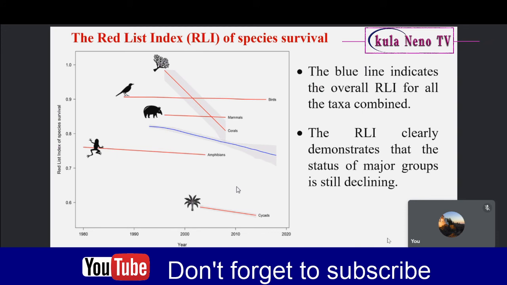Now the big question is: is it the only tool that we use to assess the conservation status of species? We've been focusing on it. Of course, it's one of the best and renowned tools, but is that the only tool?